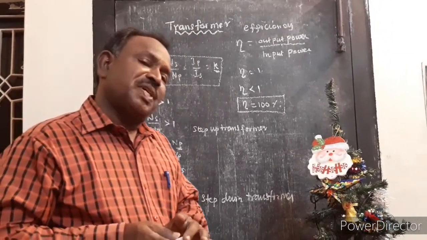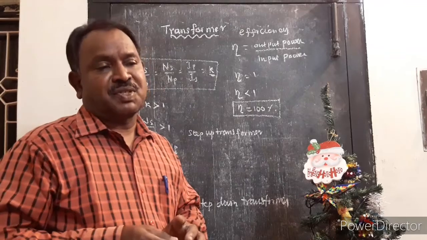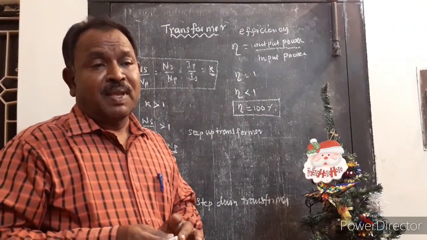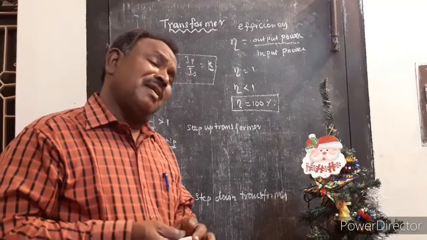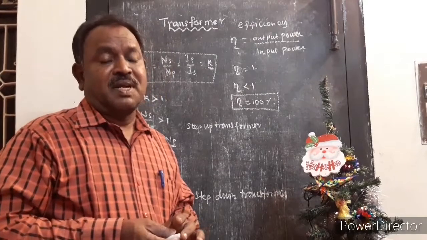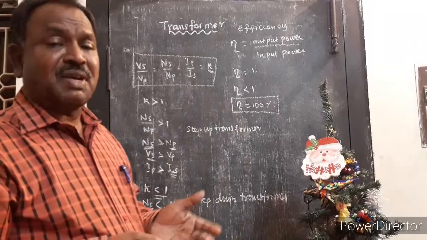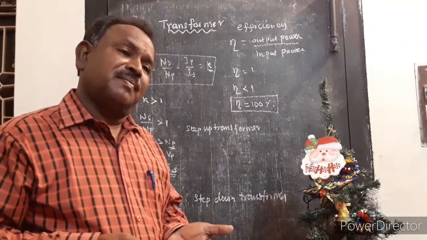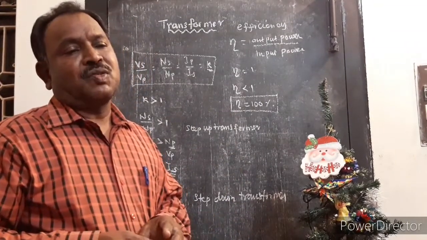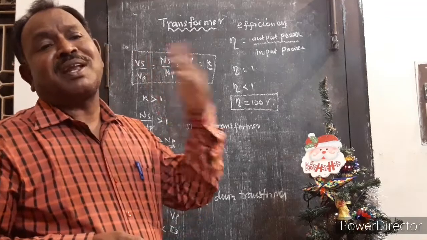Next we are going to see electric power transmission. As I already told you, electric power is produced in different modes, different methods. The electric power produced in the power stations has to be transmitted over long distances, so it has to be sent through transmission lines.